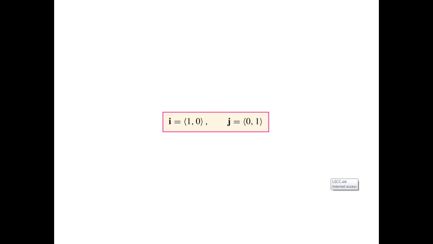So since there's no y component, the x component has to be 1. And similarly, j has no x component, so the y component has to be 1. So these are the other ways you can express i and j. It's always easier to just say i, j, but these are the vectors that represent i and j. Okay?